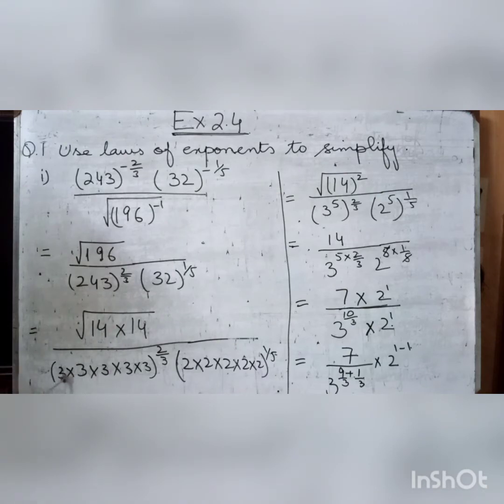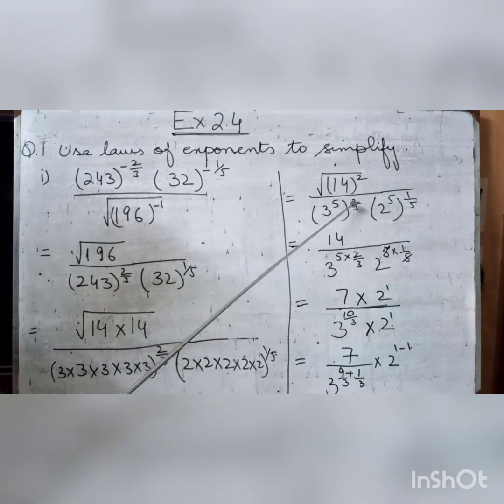Now take the prime factors of 243 and the prime factors of 32. Then use the law of exponents: 3 raised to power 5, 2 raised to power 5, and 14 squared over square root. Square and square root are cancelled. Then we have 14.